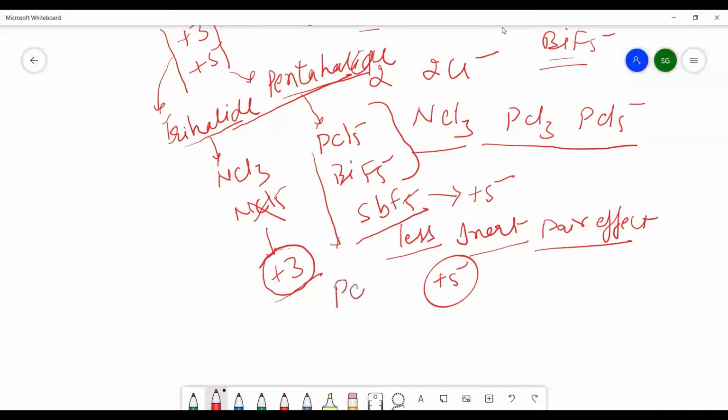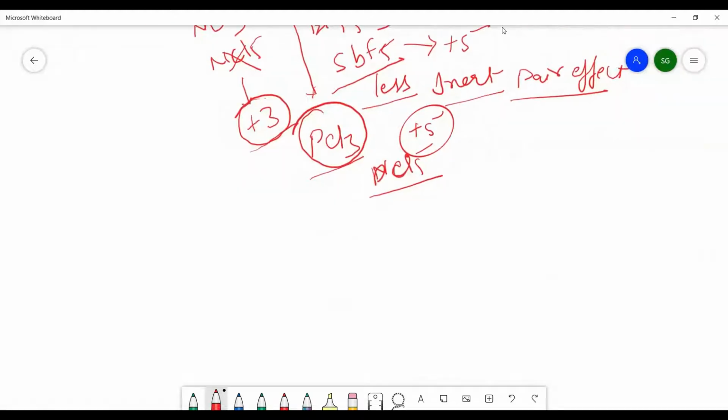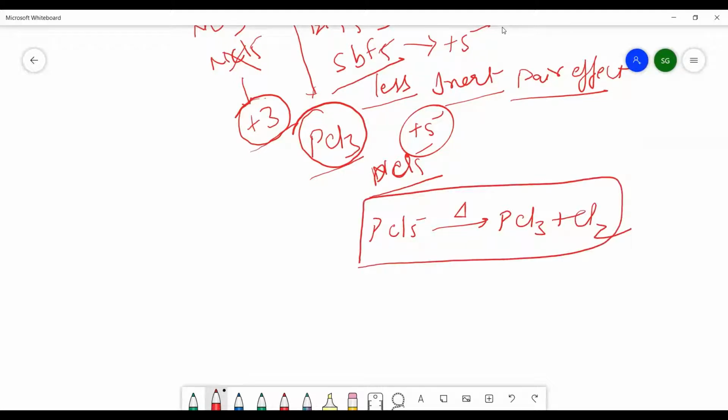So whenever we compare PCl3 and PCl5, PCl3 is more stable, and PCl5 can be easily decomposed. When we heat PCl5, we get PCl3 and Cl2. This kind of reaction shows that it can be decomposed easily.